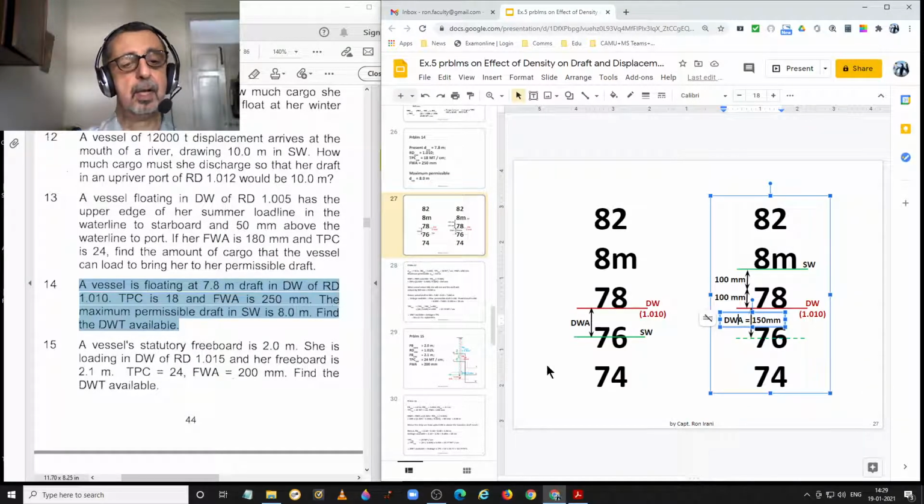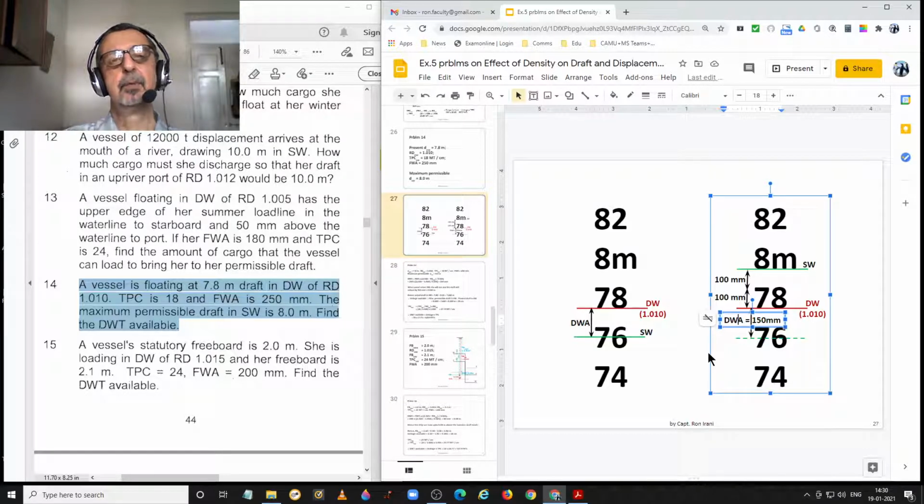Now, TPC given to us in the problem is 18 metric tons per centimeter. Always remember, even though it is not mentioned as to which water this TPC is referenced with, it is always salt water. Thus, the TPC of 18 in this problem is with reference to salt water and it has to be converted to TPC in dock water.